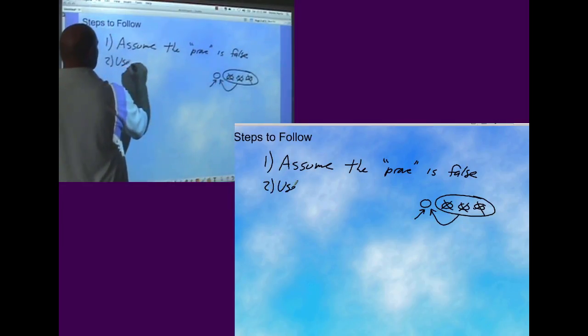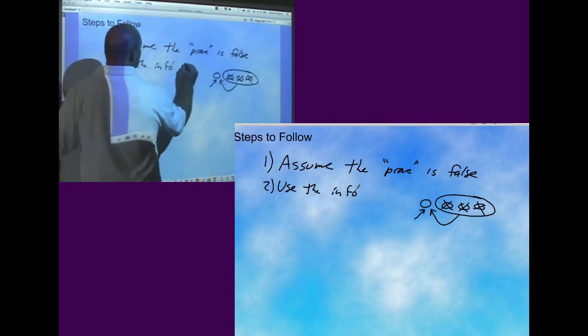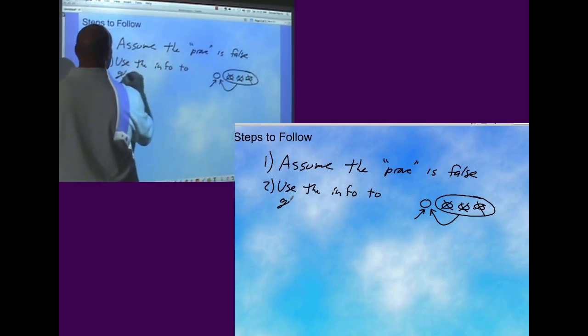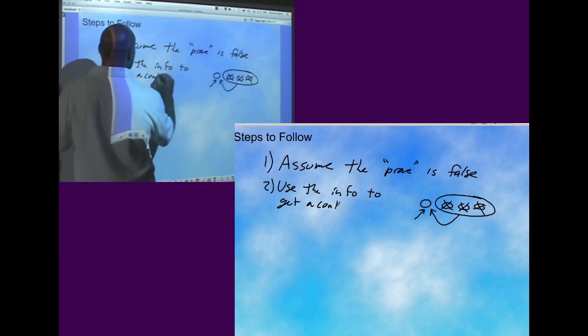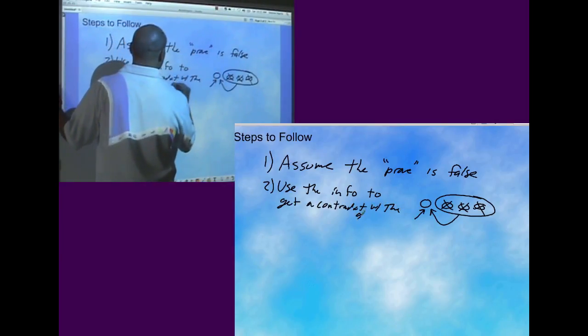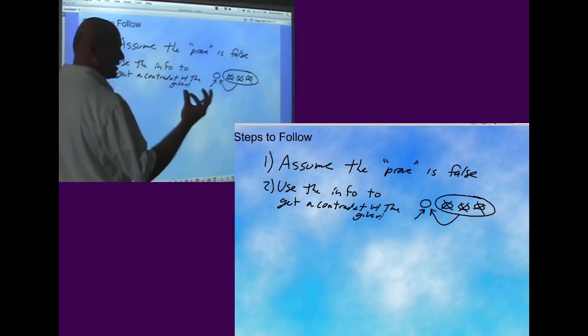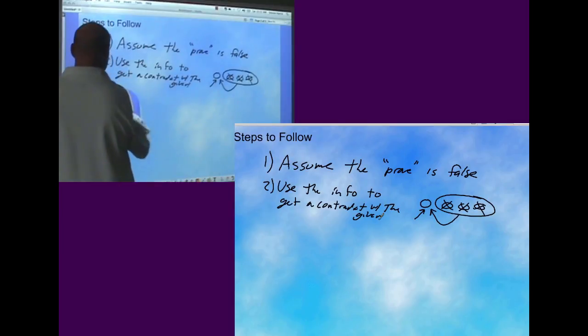You use the information to get a contradiction with the given. Meaning the information that you know has to be true. I'm trying to get myself to the place where I know that's not true.